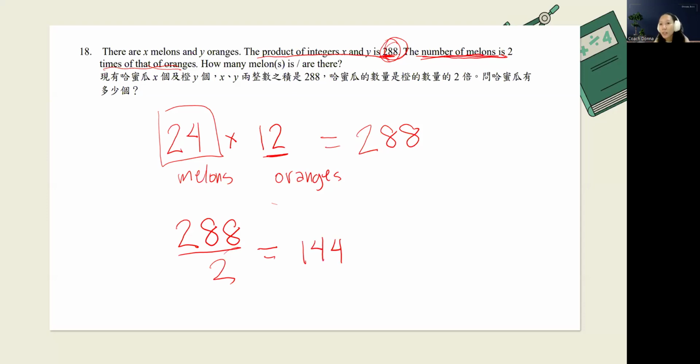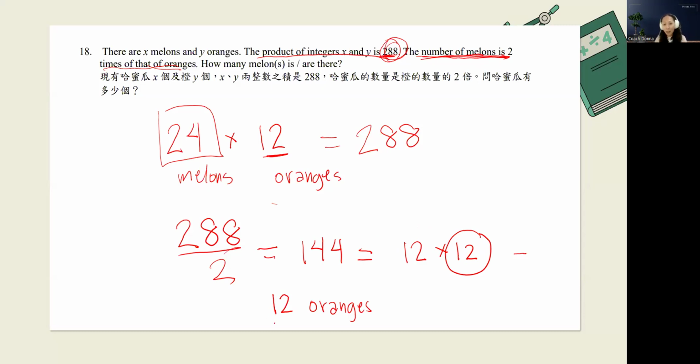Now it says that the number of melons is 2 times that of oranges. So let's find a number that when you multiply it by itself, you'll get 144. That is 12 times 12. So that means 12 is the number of oranges.